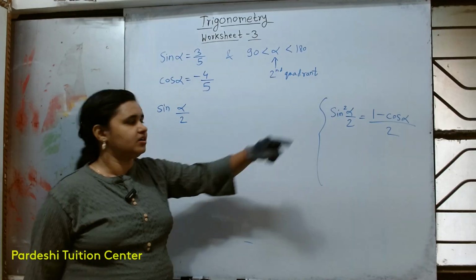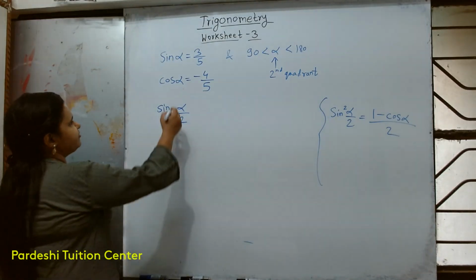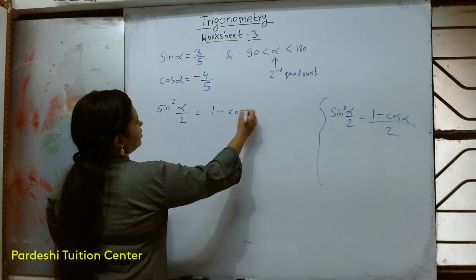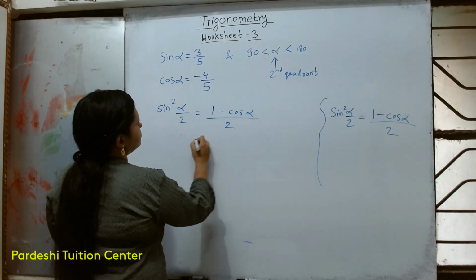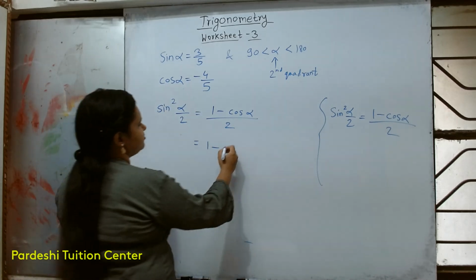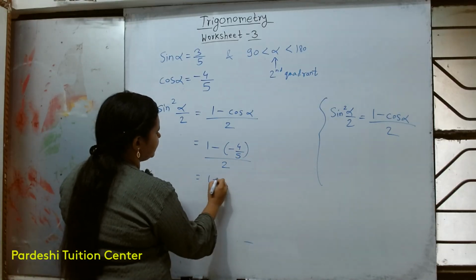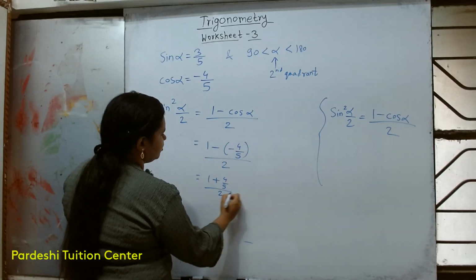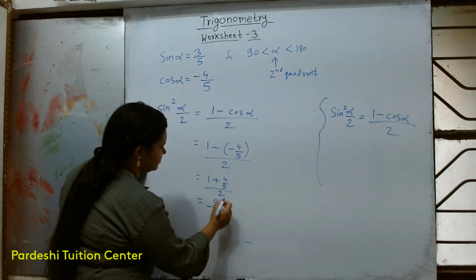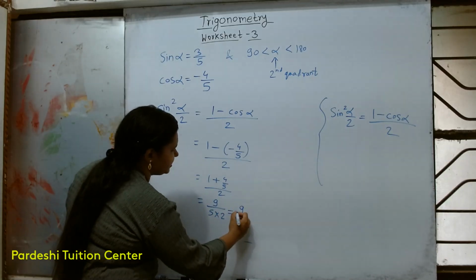That is the formula, so we can apply it here. Just put in the value of cos alpha, which is minus 4 by 5. So it will be minus of minus 4 by 5, upon 2. So it will be 1 plus 4 by 5 upon 2. Taking LCM as 5, it will be 9 upon 5, and the denominator will get multiplied, so it will be 9 upon 10.